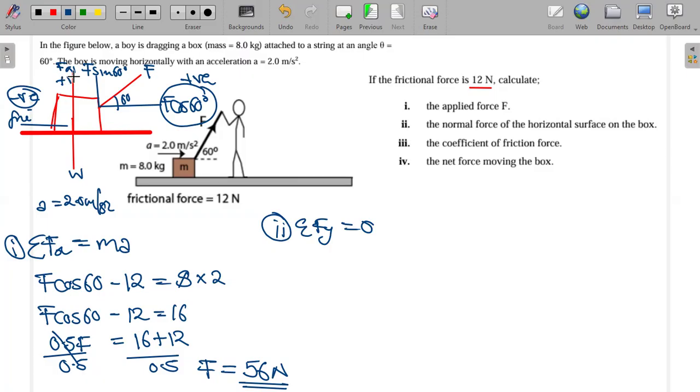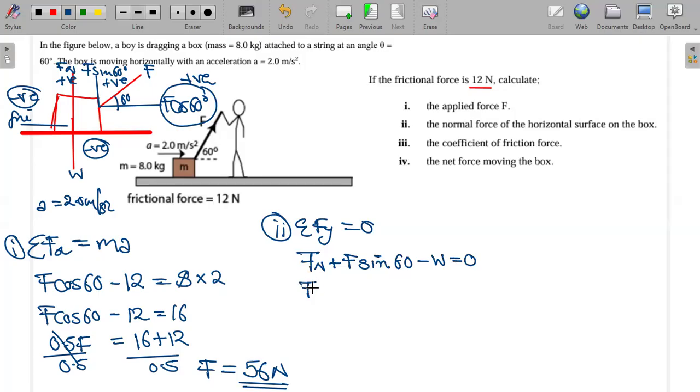We have two forces that are pointing up in the positive direction of the y-axis, which is the F sine 60, the vertical component of the applied force, and the normal force. Then there's the negative force, which is the weight itself, pointing in the negative y direction. So I'm going to say my normal force Fn plus F sine 60 minus weight W should be equal to 0.